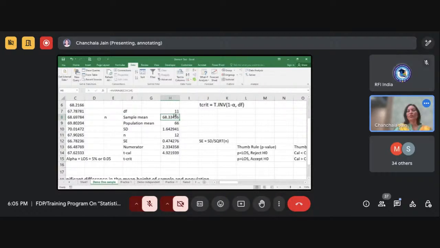So that is 11. Now, for getting the t critical value, we use the T.INV function. Inside this, you provide the probability, which is 0.95, comma, degrees of freedom 11, and then press enter. Is it okay?